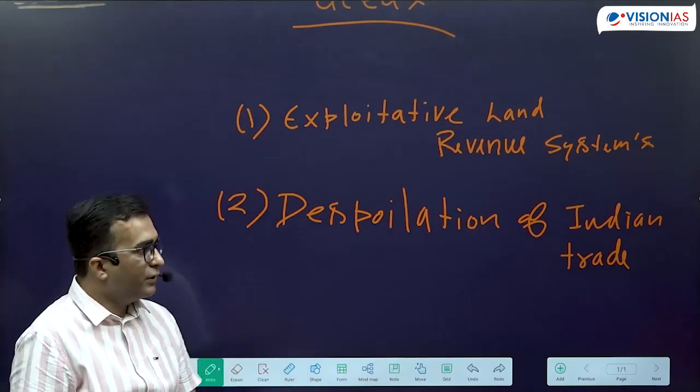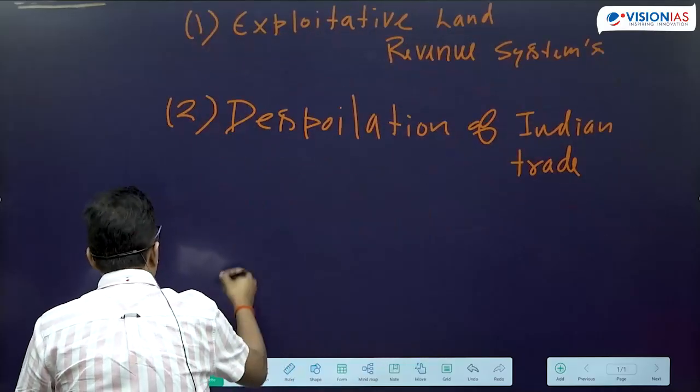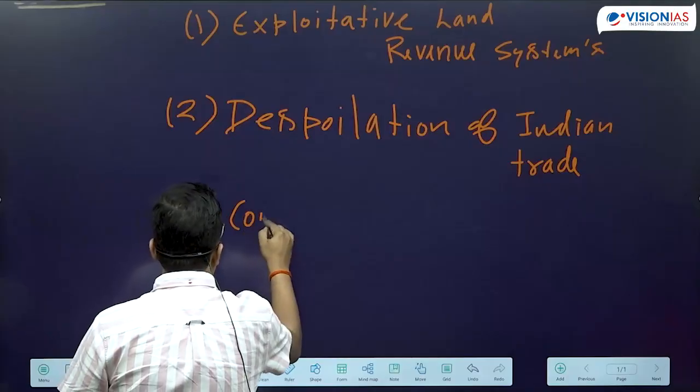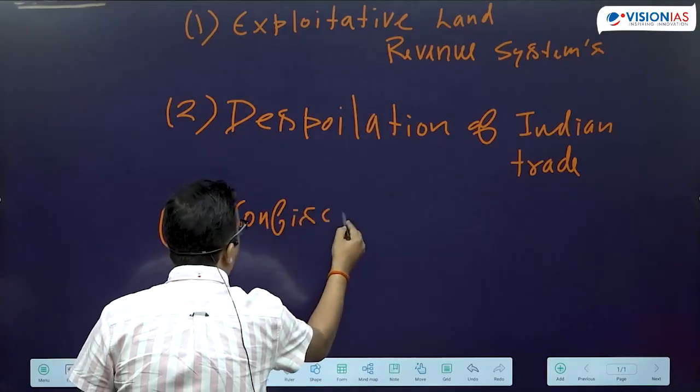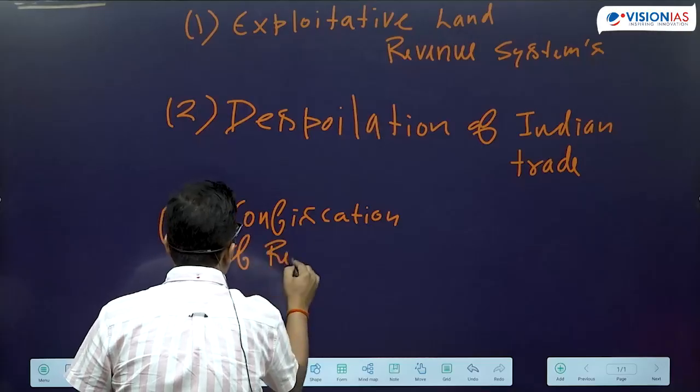Then third you write, third in the economic causes, number 3, confiscation of rent-free states.